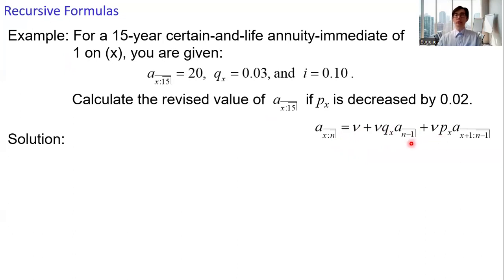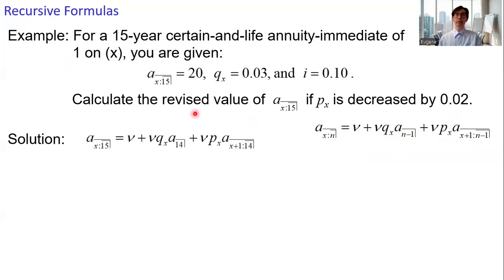The annuity certain does not depend on p_x. And then the n-1 certain and life annuity immediate at age x plus 1 similarly does not depend on p_x. So we can make use of this relationship to get the revised value.